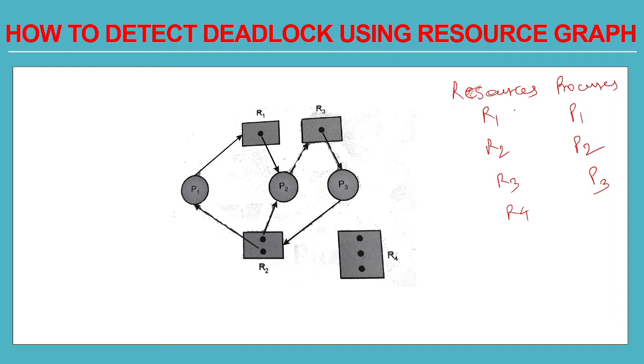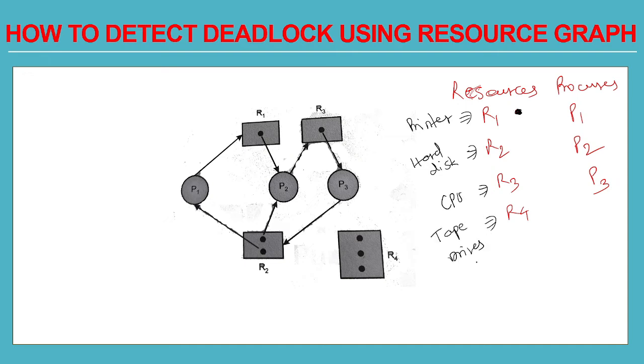Now there is only one instance of R1. Resources can be anything like a printer. Suppose R1 is a printer. R2 you can consider as a hard disk, R3 as a resource like the CPU, and R4 as tape drives.